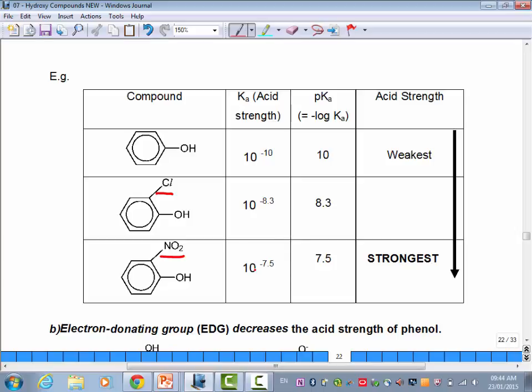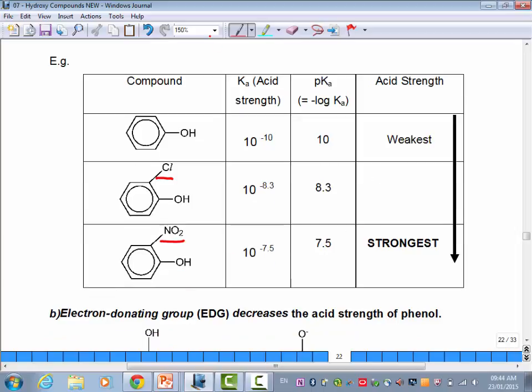Alternatively, if you are given the pKa value instead, the smaller the pKa value, the stronger the acid. The important thing here is, after looking at the given data, are you able to explain or not? That is the more important thing, explanation of the given data.